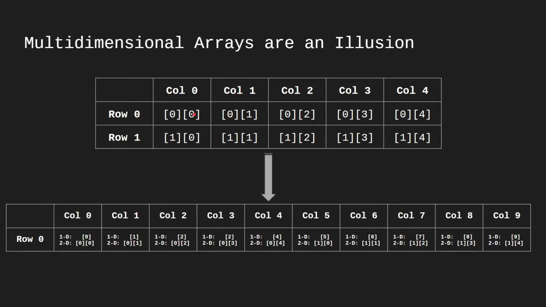Our 0, 0 element would be indexed by 0. This next column, our 0, 1 element, would just be index 1, and so on, so 1, 2, 3, and you can see that we have the ability to index every single one of these as necessary by just using a one-dimensional array.